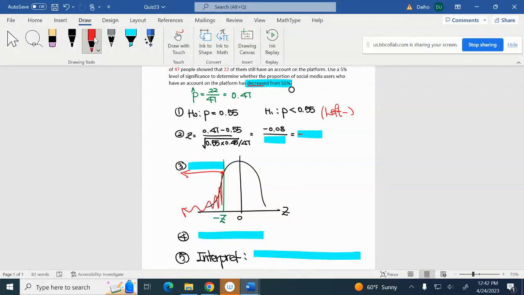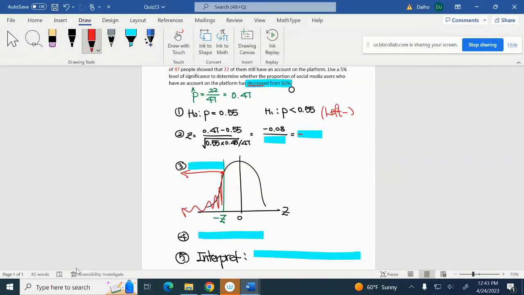Anybody who got the negative 1.19? You got negative 1.10? Please use more decimal places. Just a second, let me take the denominator, square root of 0.55 times 0.45.